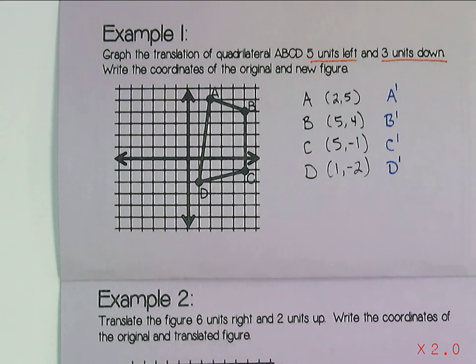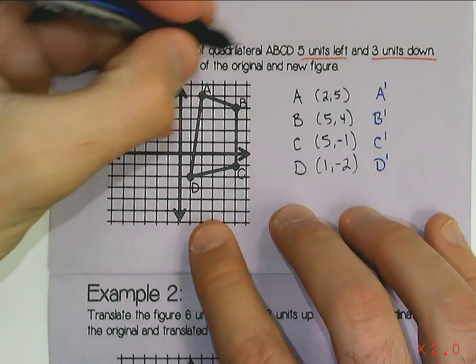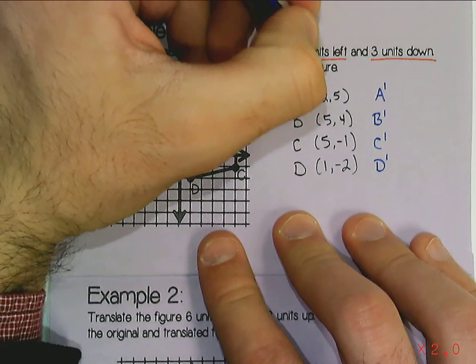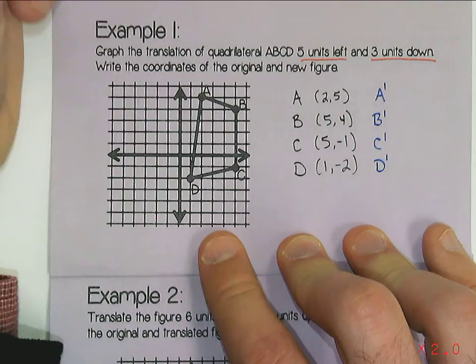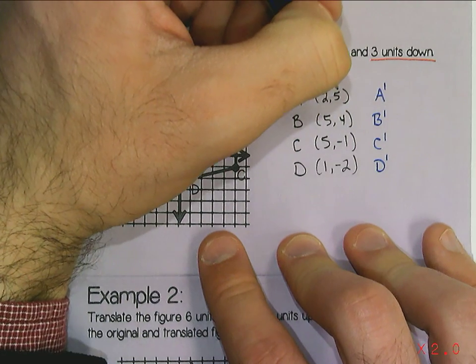So the first one says 2, 5. So we need to move 5 units to the left. And we'll do the numbers over here first and then plot the points, as that will be easier. So we're changing the x coordinate by 5 units and the y coordinate by 3 units.